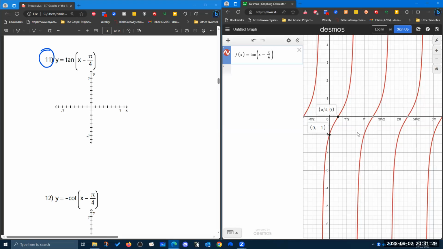Yeah, 3 pi over 4. And then you can see the pattern that continues there. So the asymptotes are 3 pi over 4, 7 pi over 4, 9 pi over 4, and so on. And our zeros are pi over 4, 5 pi over 4, 9 pi over 4. You get the pattern.